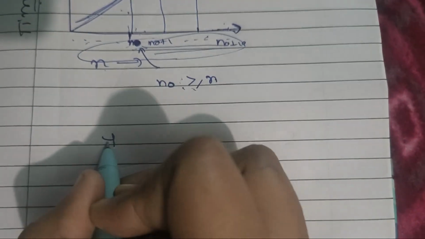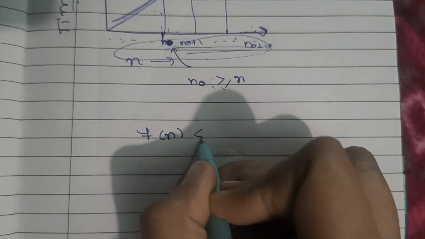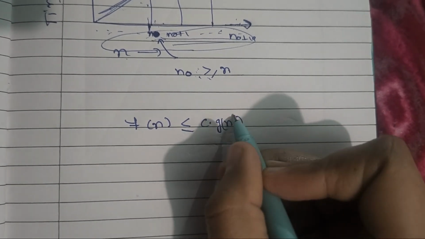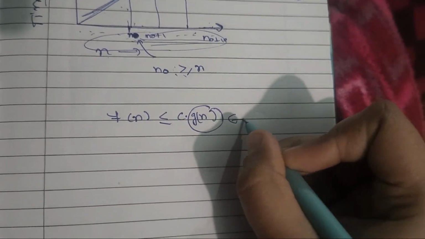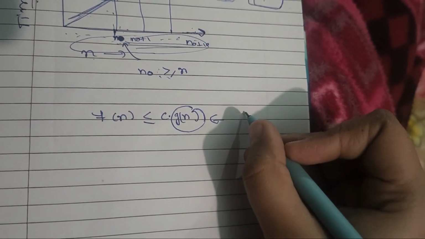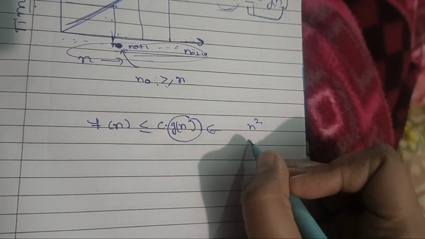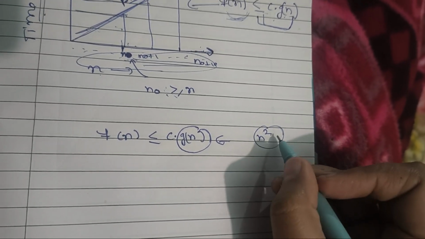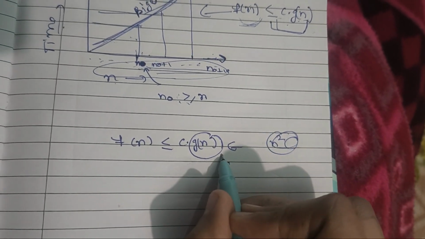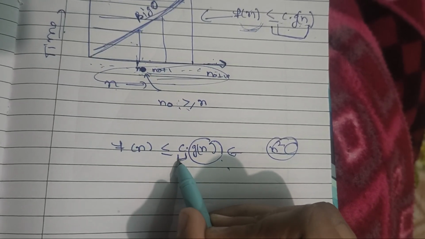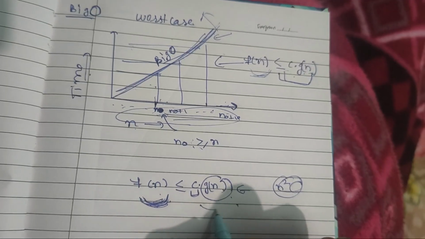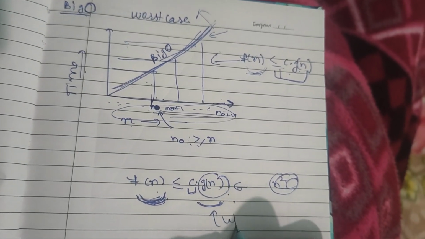So let us write this: our function f(n) will always be less than or equal to c·g(n). You can assume this g(n) is what we were computing when calculating time complexities, values like n square after dropping the constants. So these values are actually g(n), and these are the constants which we were dropping. The time complexity of our algorithm will always be under this upper bound.